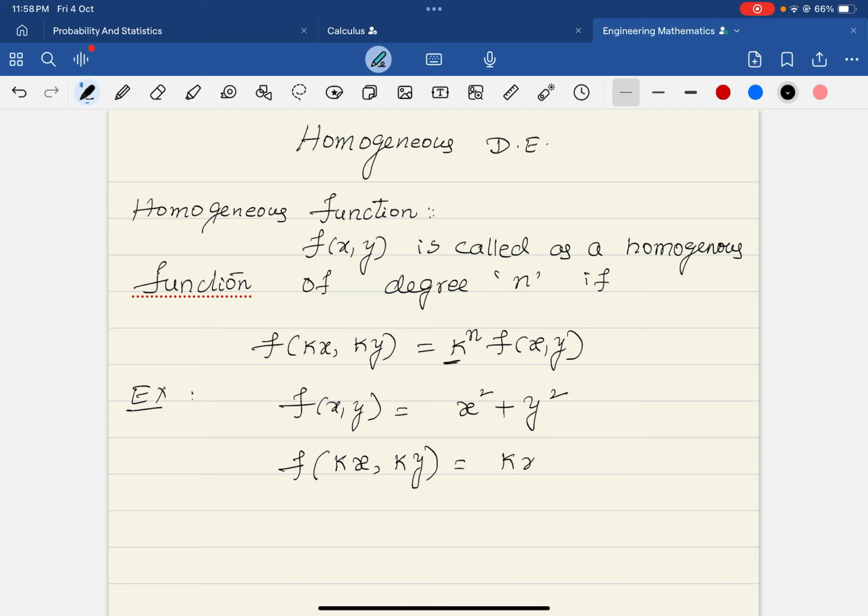On the right hand side also, x is replaced by kx and y is replaced by ky. So (kx) whole square plus (ky) whole square. We can write it as k square x square plus k square y square. Now we can take k square common, so k square times x square plus y square.